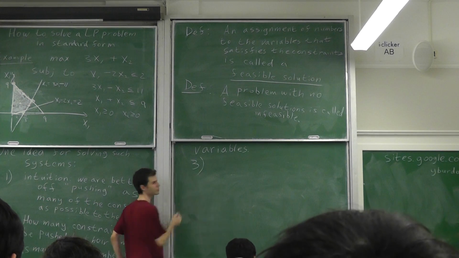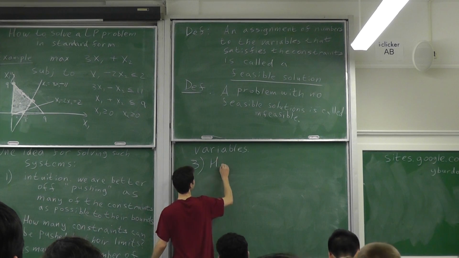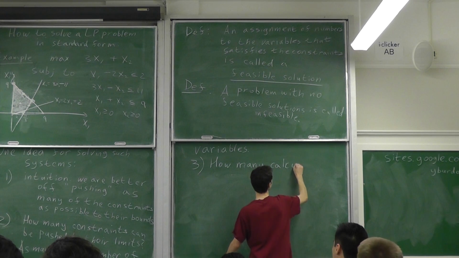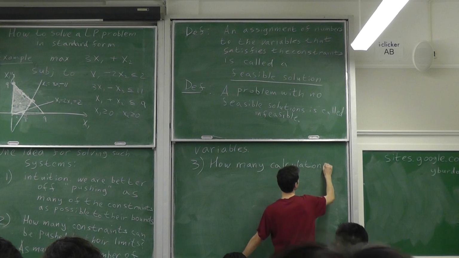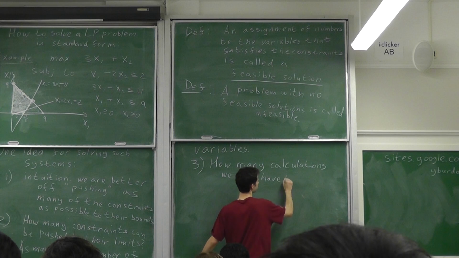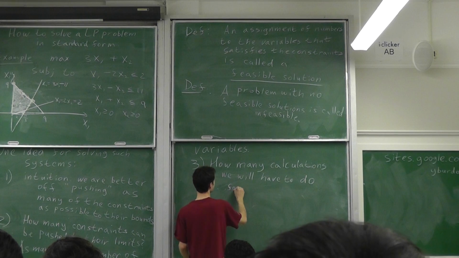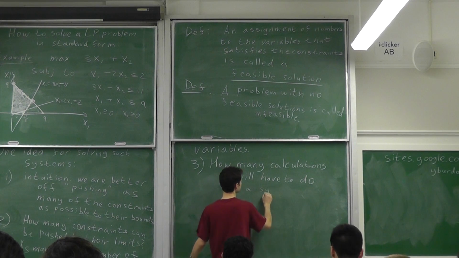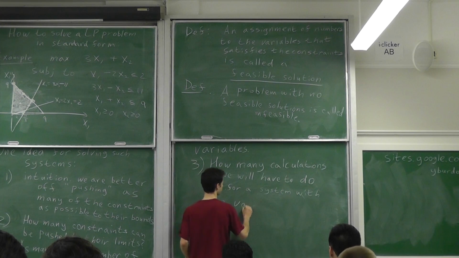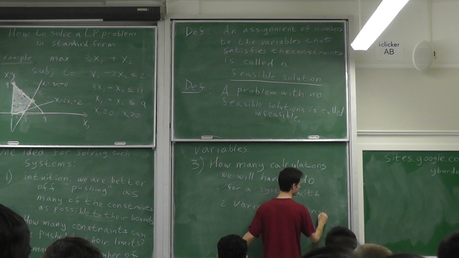And third observation, how many calculations will we have to perform for the system with, say, two variables, 5 constraints?